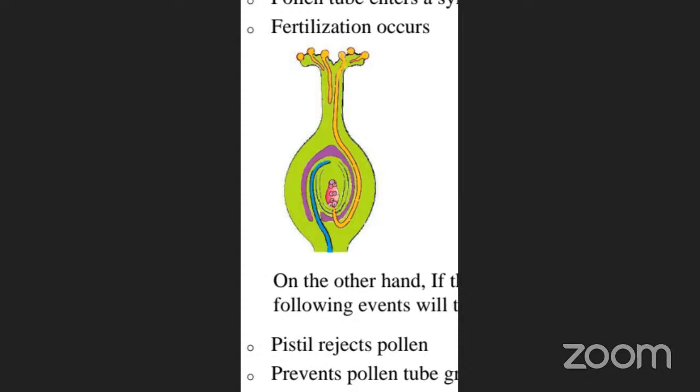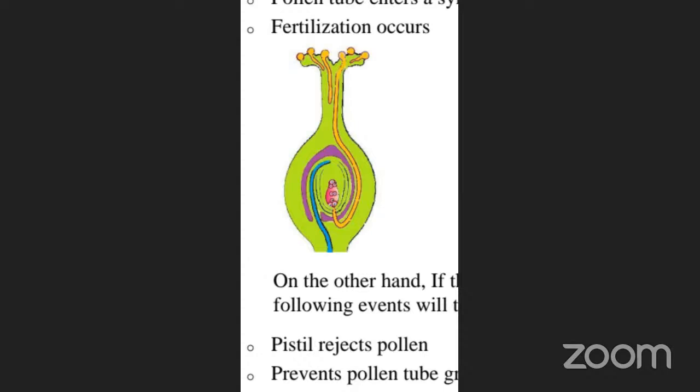The primary endosperm nucleus is formed. This was discovered by Navashin in Lilium and Fritillaria plants. It is commonly called triple fusion. The first male gamete fuses with the egg, that is fertilization or syngamy.